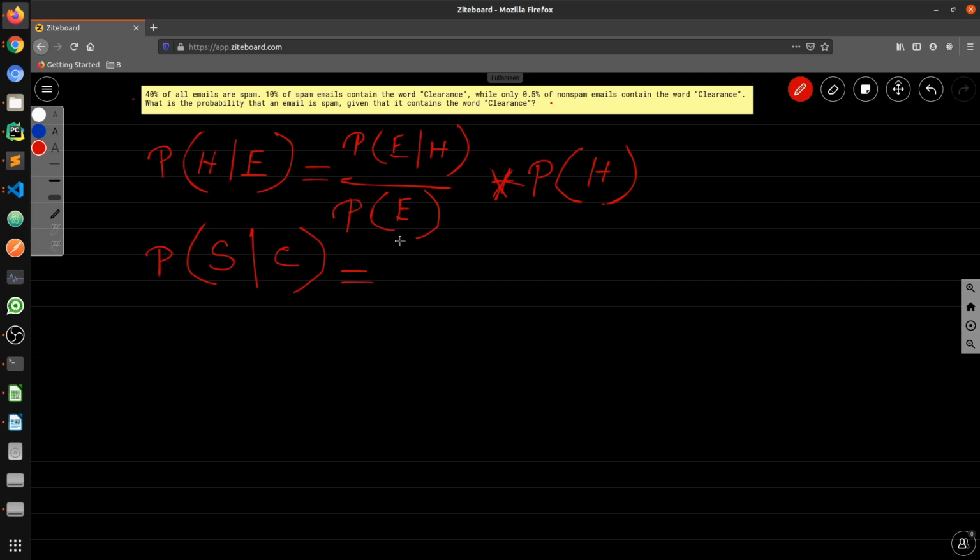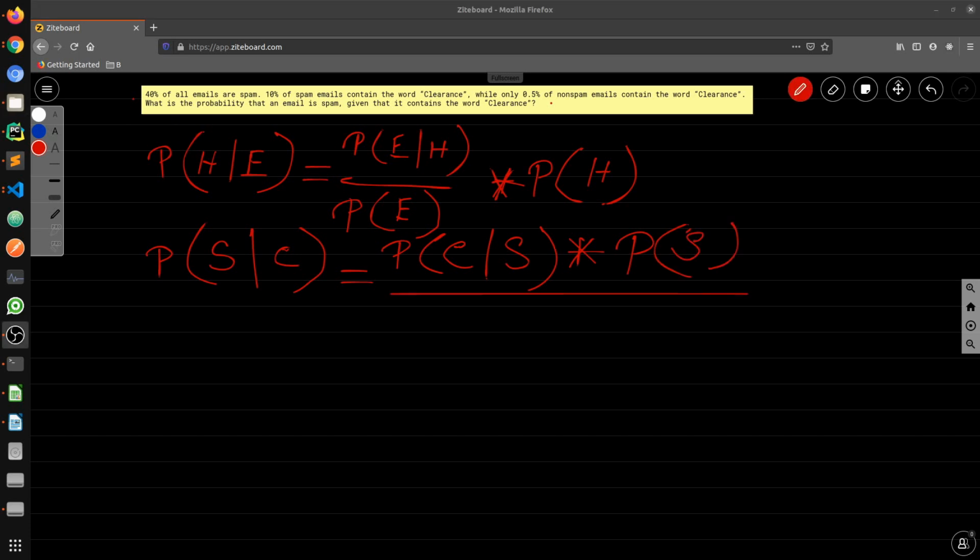At the top, the numerator, we will have the probability of clearance given it's a spam, and that will be multiplied by the probability of spam.